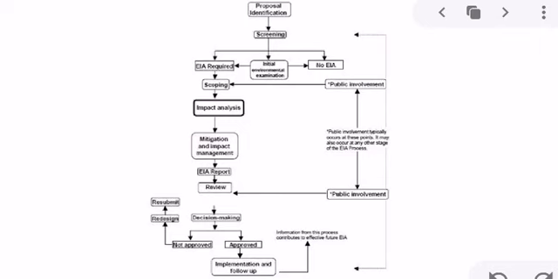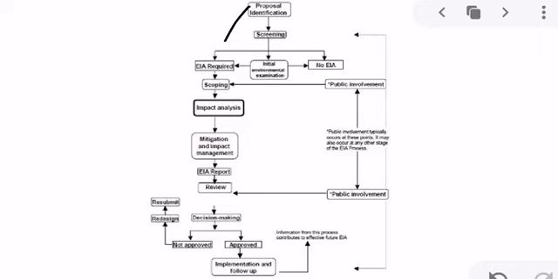So, when we propose a project, the EIA procedure starts with identification of the proposal, and after that the screening process is taken. By screening, we will let know that the proposed project needs EIA or not.